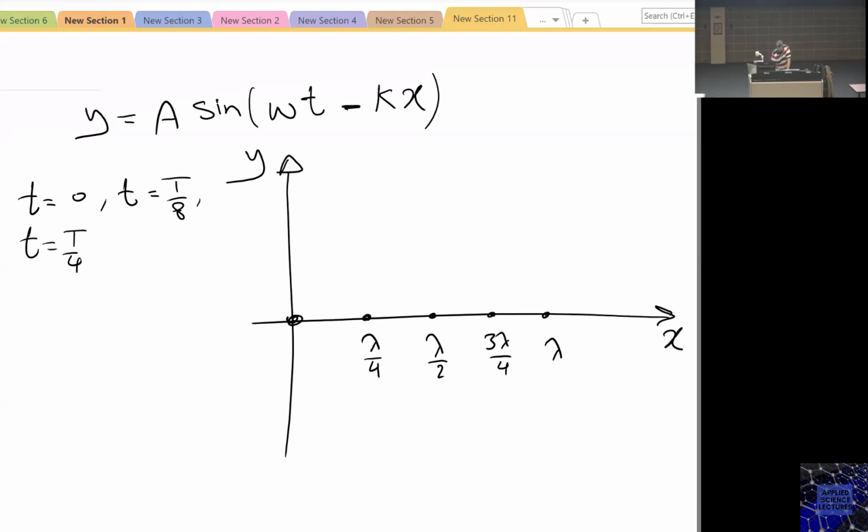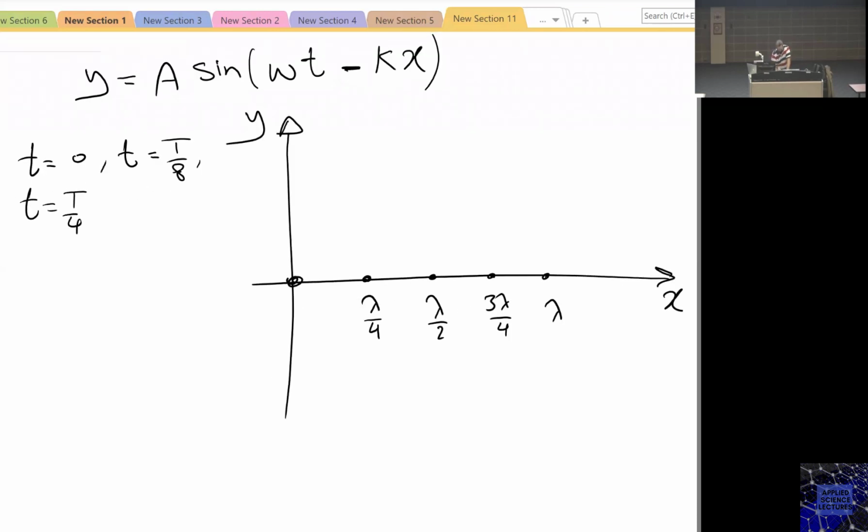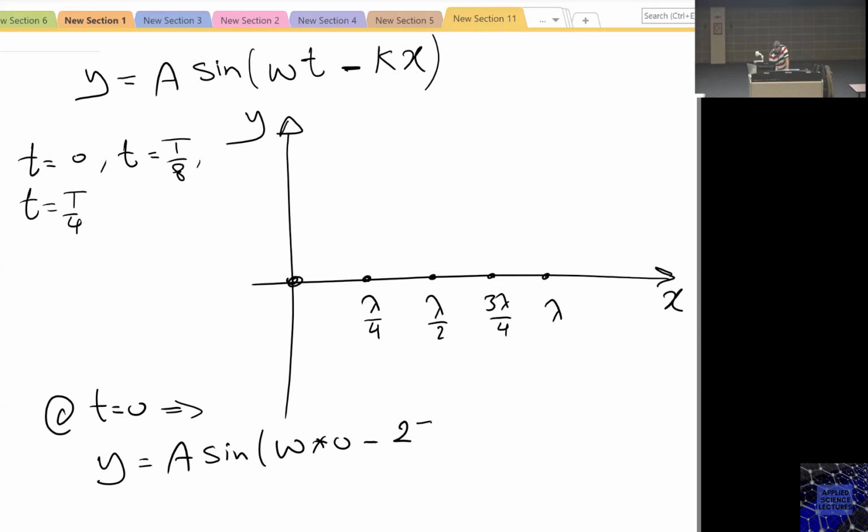So if I am to rewrite this function for t equals 0, I have y equals A sine omega times 0 minus kx. Now k, I will write it in terms of lambda. So k is 2 pi over lambda.